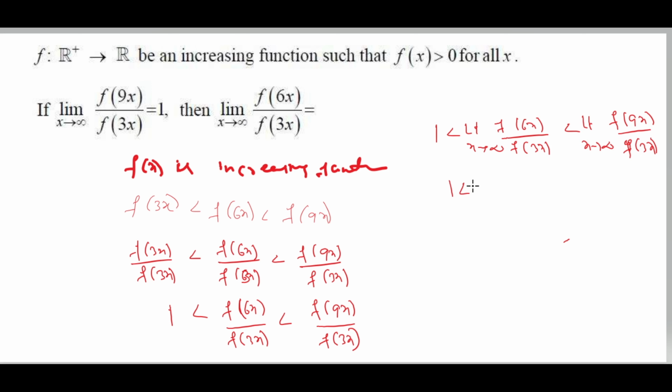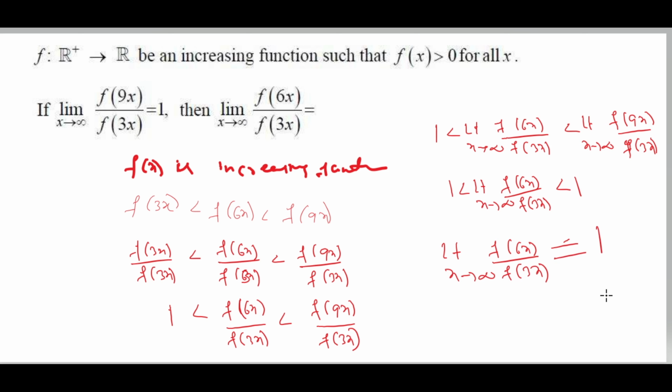That is, 1 is less than the limit of f(6x) by f(3x), which is less than 1. From these two, by the sandwich theorem, the limit as x tends to infinity of f(6x) by f(3x) is equal to 1. That is the answer.